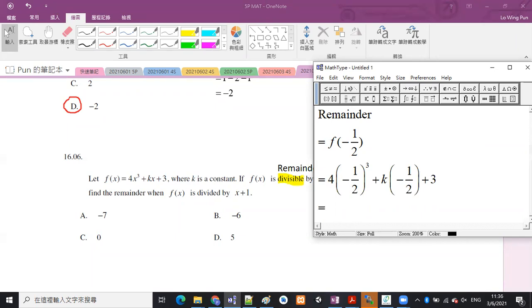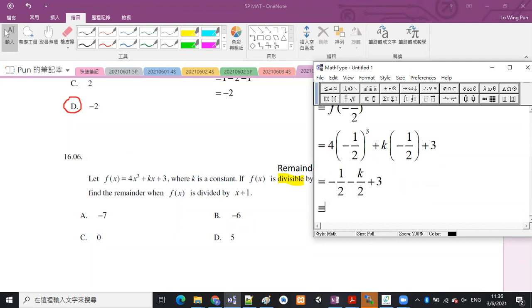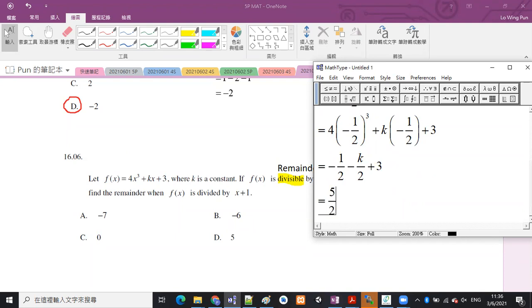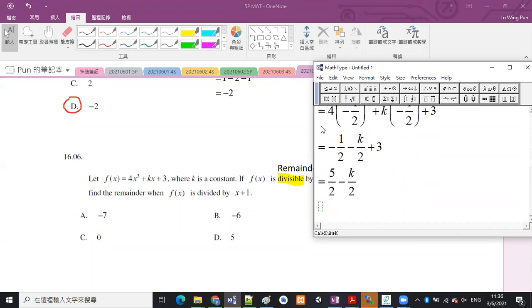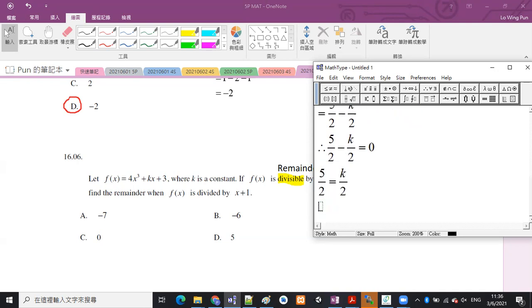And then you do the calculation term by term, like this. And this is our remainder. When you simplify, it should be like this. And then, because the question tells us that f(x) is divisible by this, this remainder should be equal to 0. So 5/2 is equal to k/2, which means that k is 5.